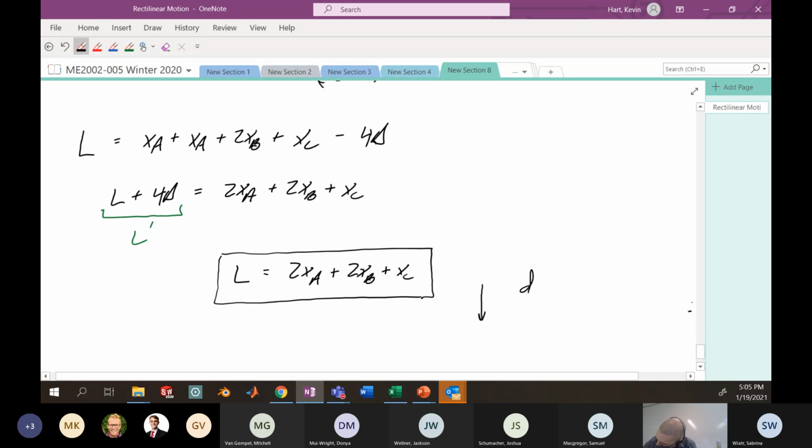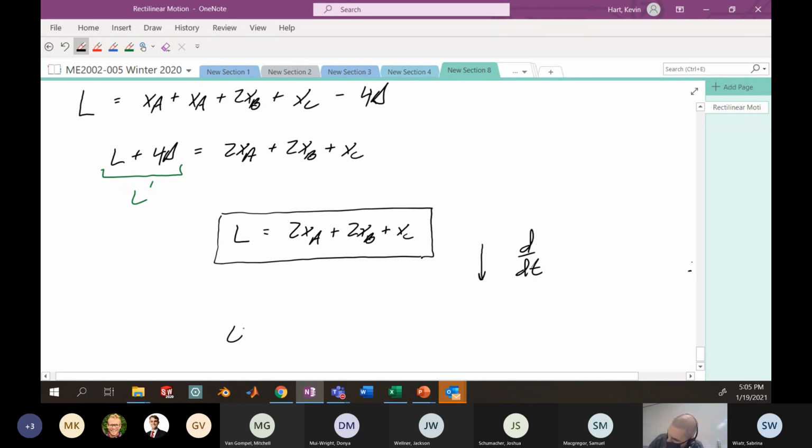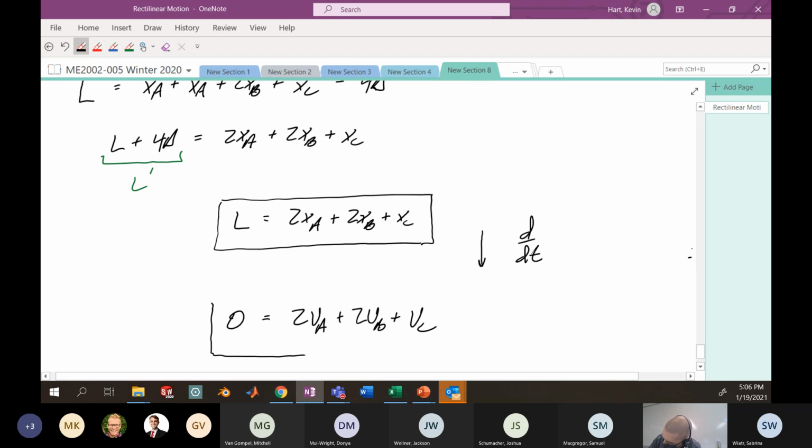I can differentiate this with respect to time to get my velocity. The length, or the length plus or minus some pulley distance delta, regardless, it's a constant value. We take the derivative, it's going to be 0. And here's my relative velocity relationship for this problem.